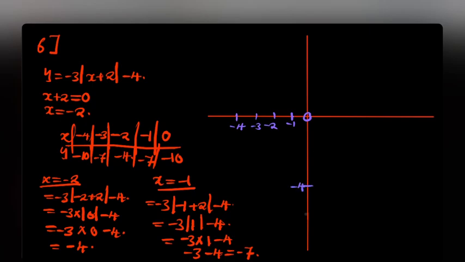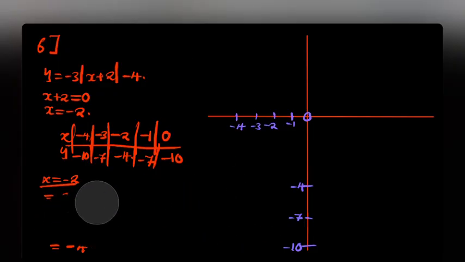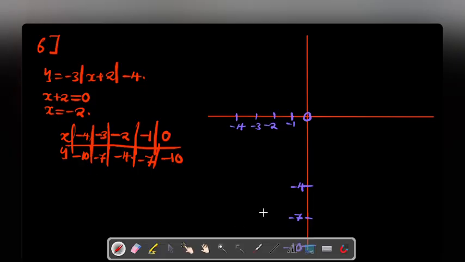Then negative 7 will be somewhere there, and this will be negative 10. So this is what we will have. Now we need to sketch our graph using these points. So let's see how our graph will be.